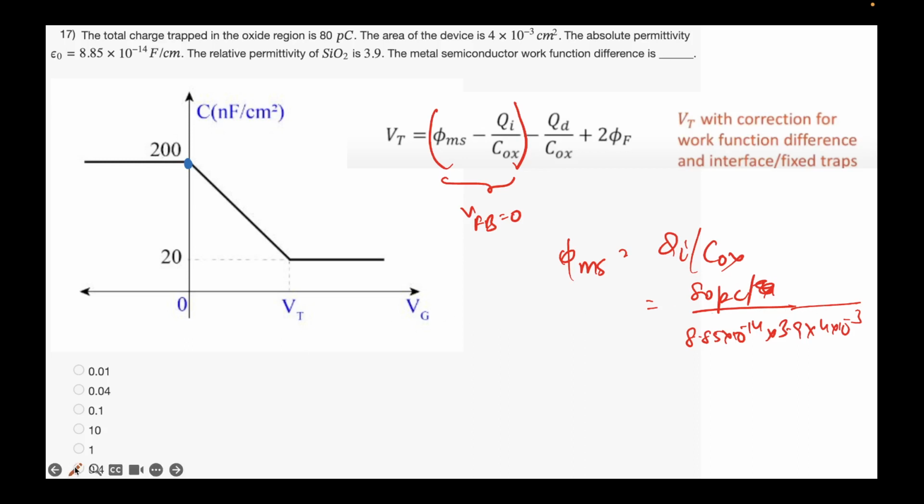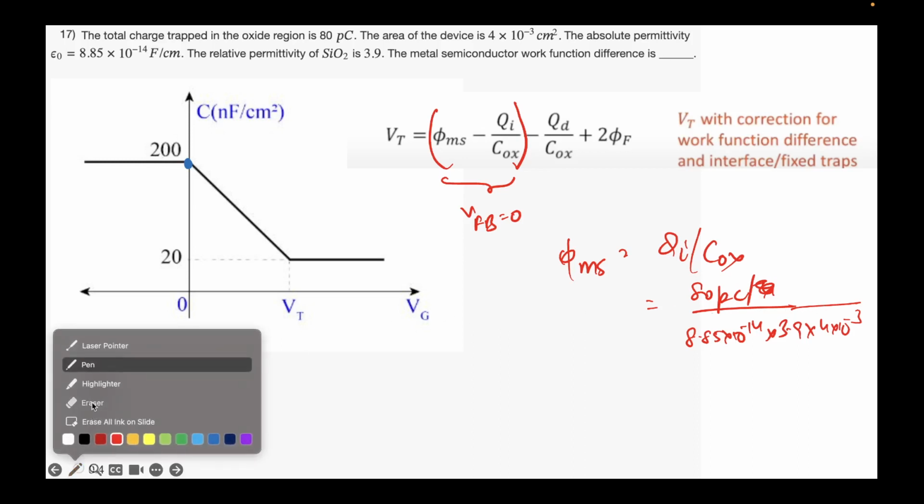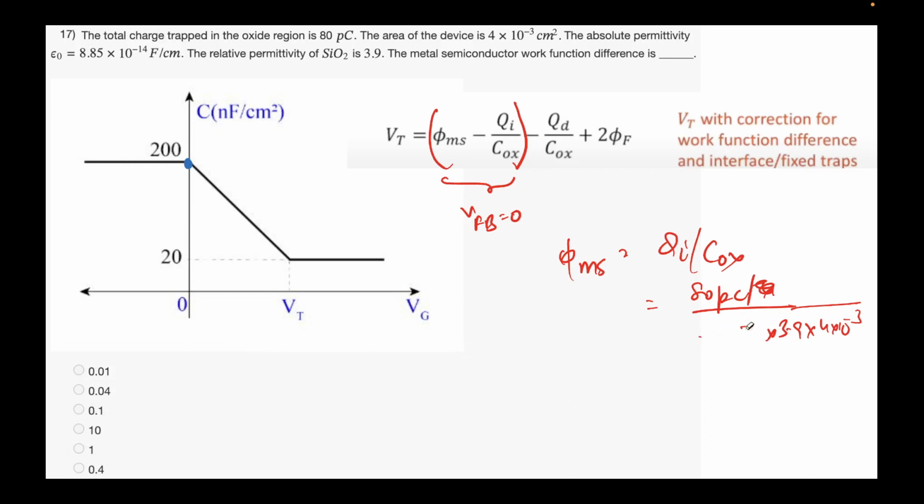Let me just delete that. So this will not come actually at all. So what's going to come? The value of Cox, which is given by 200 nanofarad per centimeter square. Okay, the units have to match.